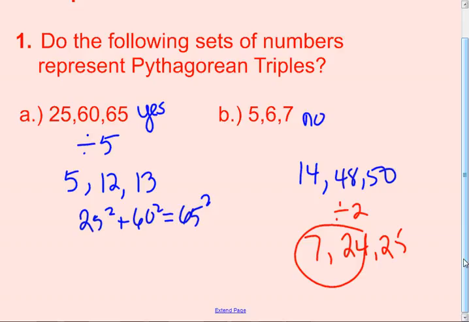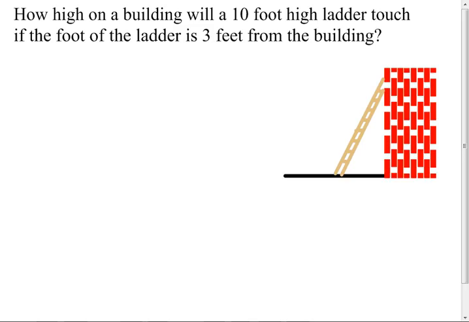So if I know 9 and 41, and I know for sure it's a hypotenuse, then I know the other side's 40. It's really nice. We only need to know the first set of triples. What you have on the board is what you probably should know. I don't even need to know the nines, but I found it very convenient.